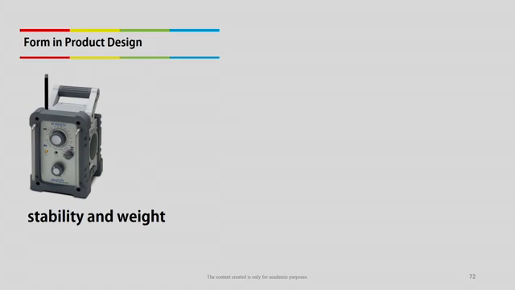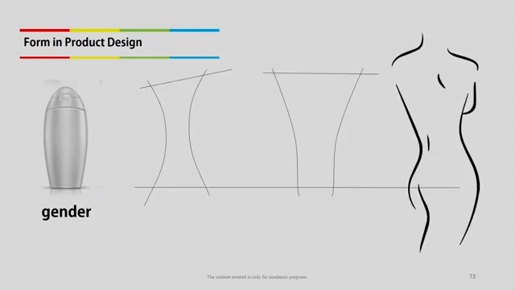With the help of form, we can give a perception of stability and heaviness. Here in this case, extra material has been added to increase its overall volume, and thus it seems heavy and stable. Form also gives us an indication of gender. With the help of concavity and convexity, we can achieve gender in products.